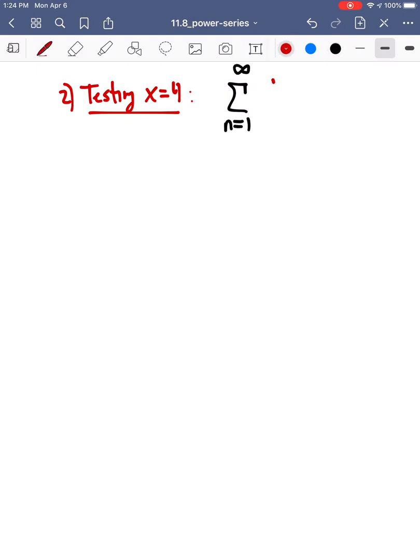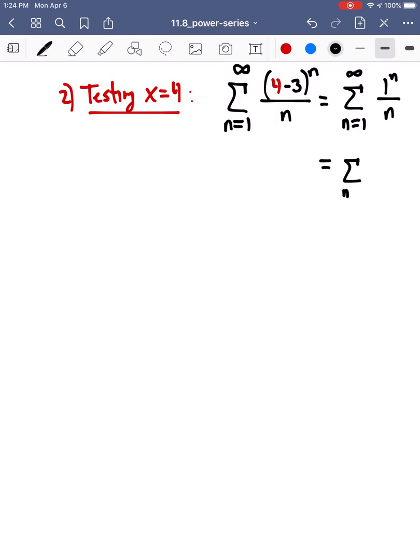So this is (4 minus 3) all raised to the n over n, which in this case gives us a series from n equals 1 to infinity of 1 to the n all over n. And well, 1 raised to any integer power n is just equal to 1. So this is just the series 1 over n.